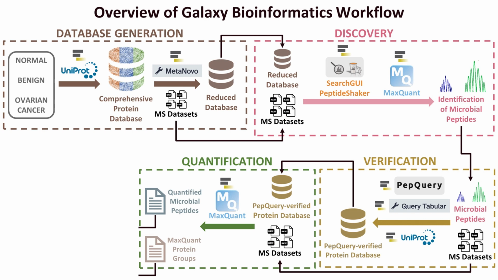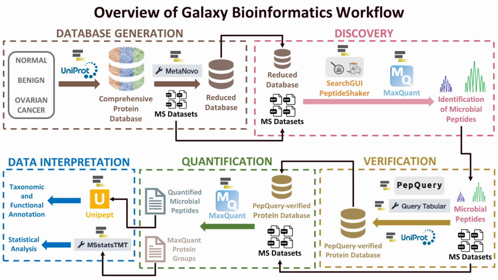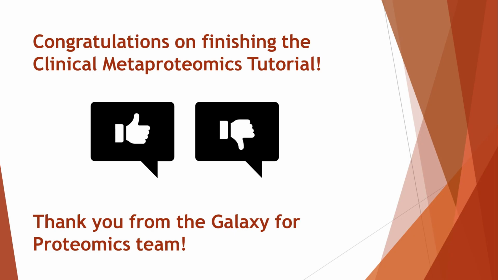Lastly, in this video for Module 5 Data Interpretation, we looked at the taxonomic and functional annotations of the quantified peptides using Unipept, and we performed statistical analysis using MSstatsTMT to identify proteins that were differentially expressed across different sample groups. This marks the end of the Clinical Metaproteomics tutorial.